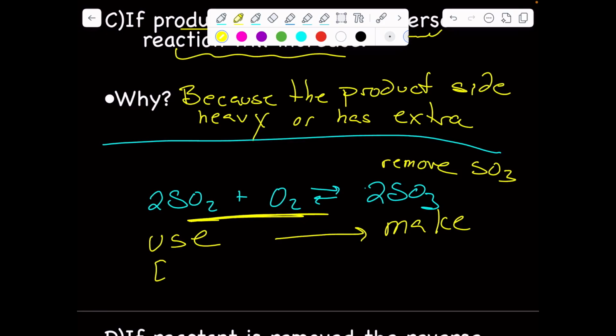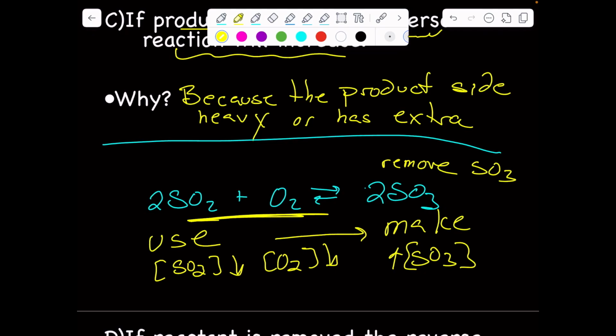That means the concentration of SO2 is going to decrease because we're using it, and the concentration of O2 is going to decrease because we're using it, and the concentration of SO3 is going to increase because we're making it.